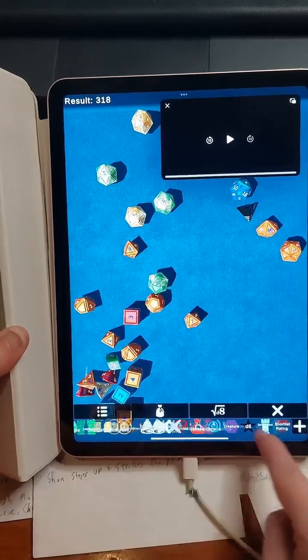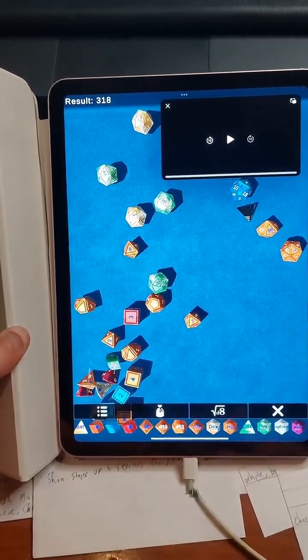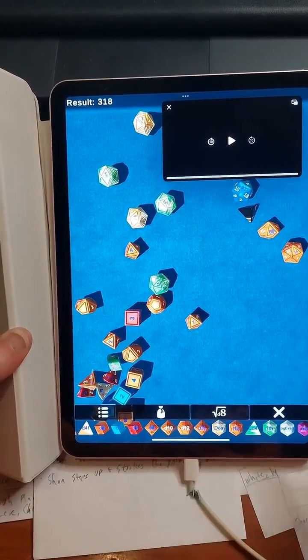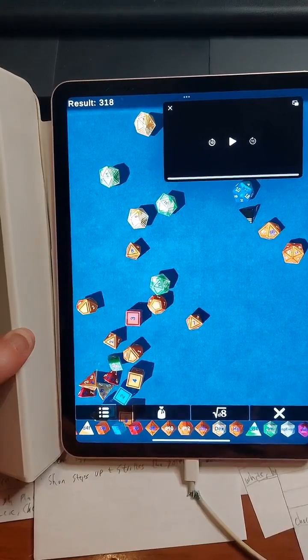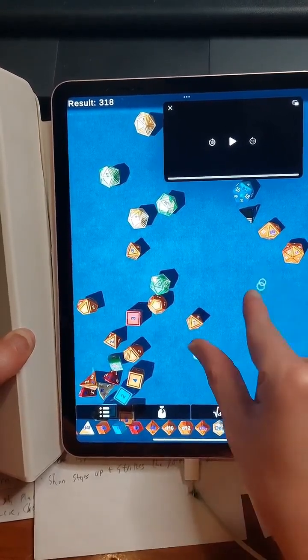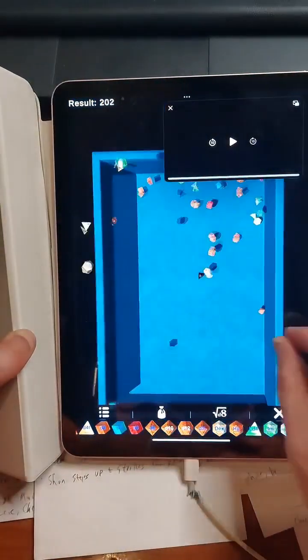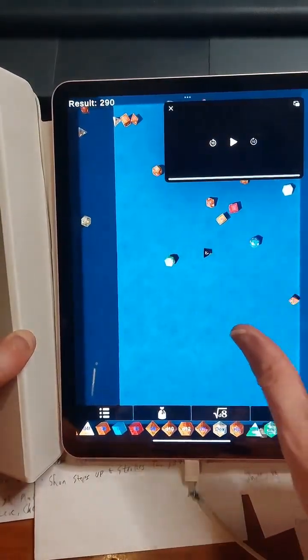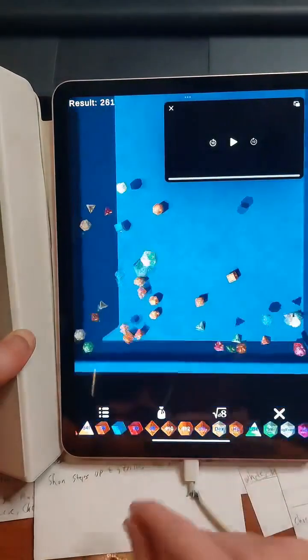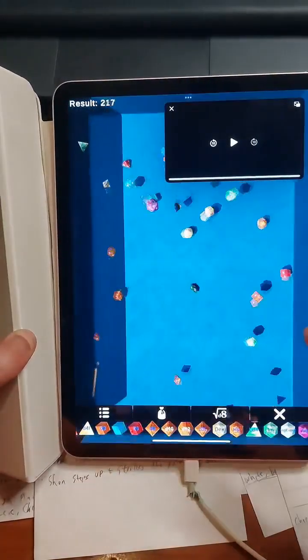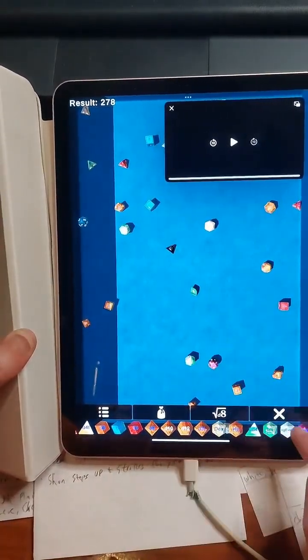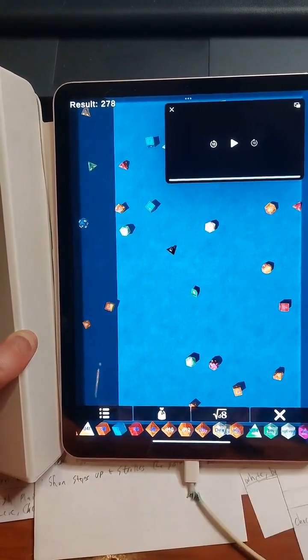I have been using this app for years, and it is one of the best dice rollers out there on the market. It does the little clackety clack math rock noises, and you don't have to pay a cent for it.